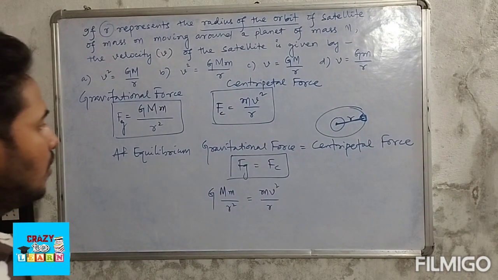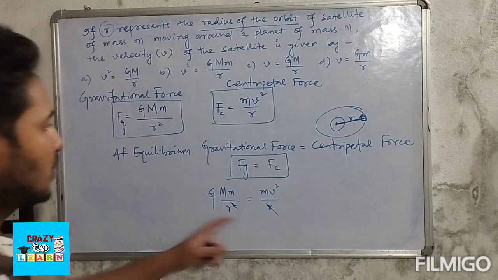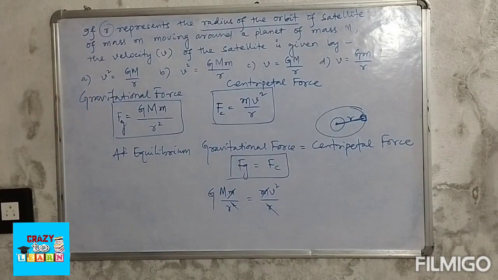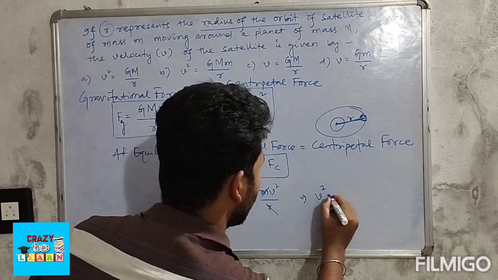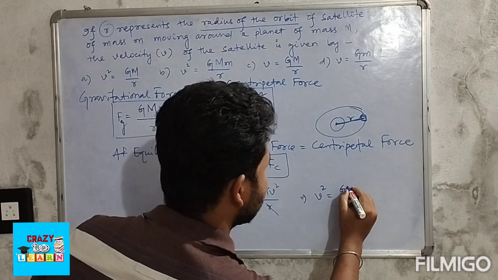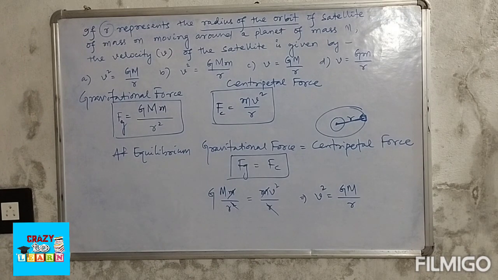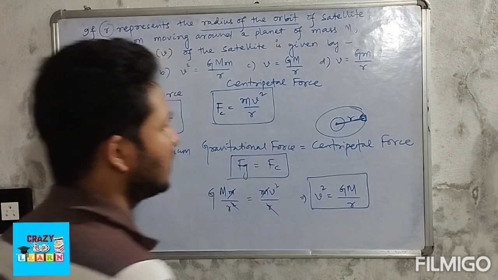Now cancel one r and one r from both sides, and small m from both sides. So what is the remaining thing we are getting here? Now v square is equal to capital G capital M by r. So what is the formula we are getting here for the velocity of the satellite?